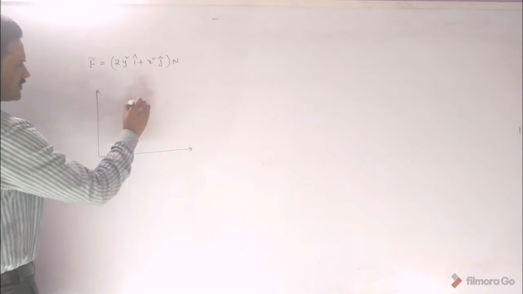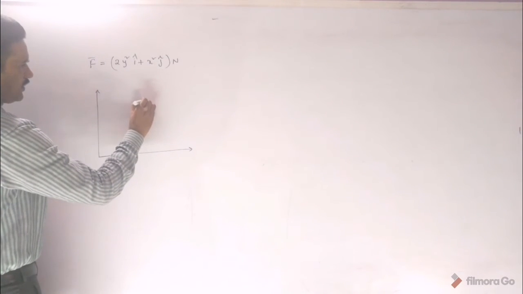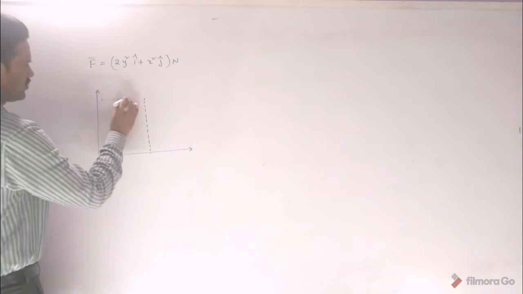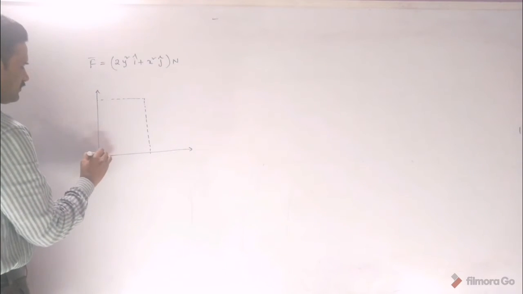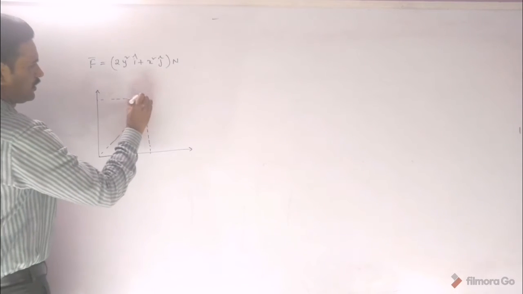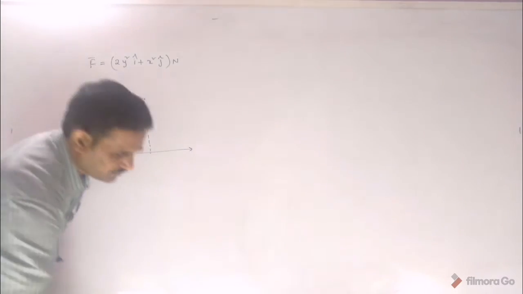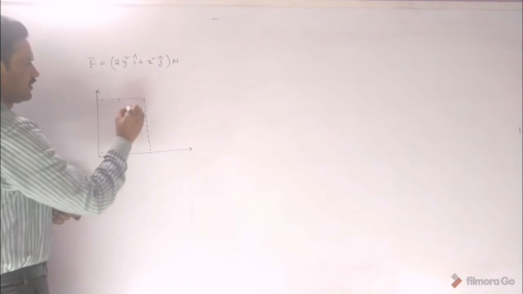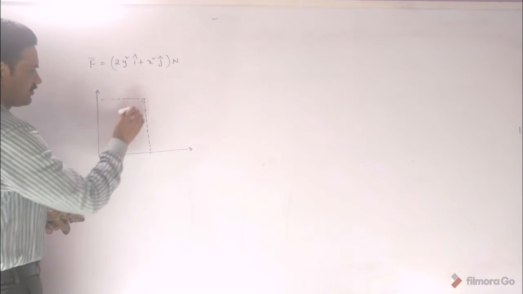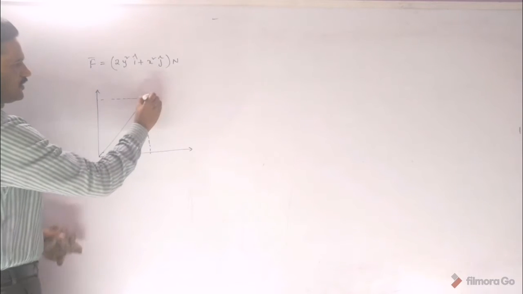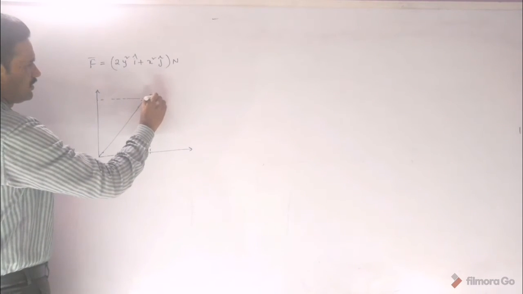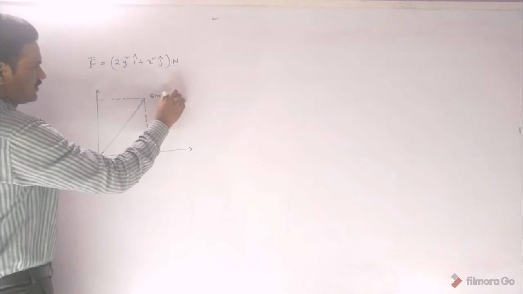The particle is initially at origin and displaced to the point 5 meters comma 5 meters.